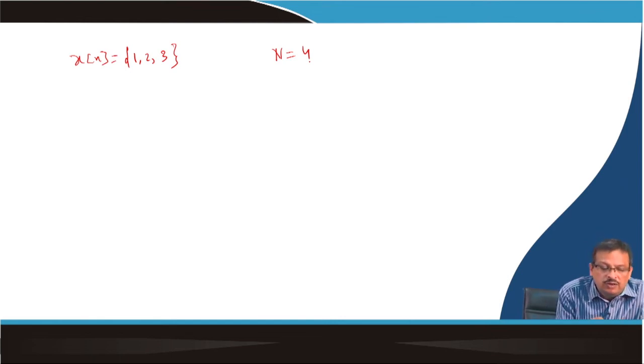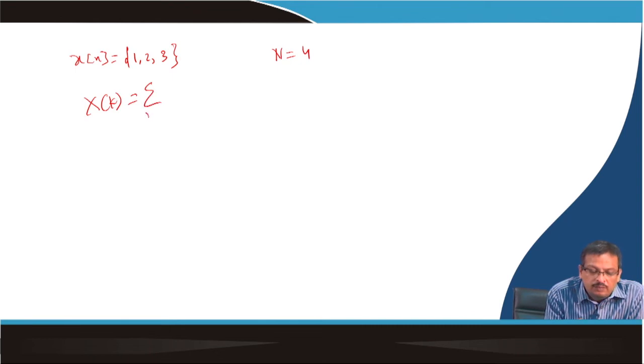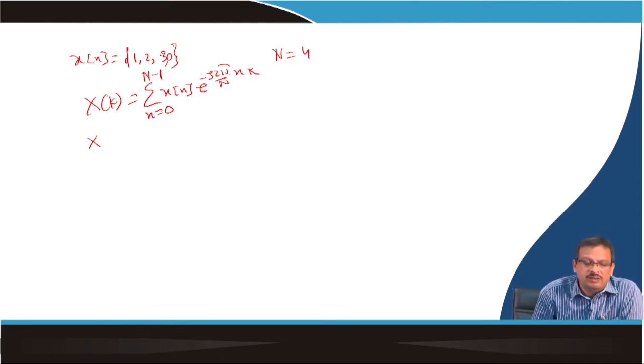So I know X[k] is equal to, carefully look at this, the sum from n equal to 0 to N minus 1 of x[n] e to the power minus j 2 pi by N times nk. Now I have to pad 0 here; the fourth sample is 0.